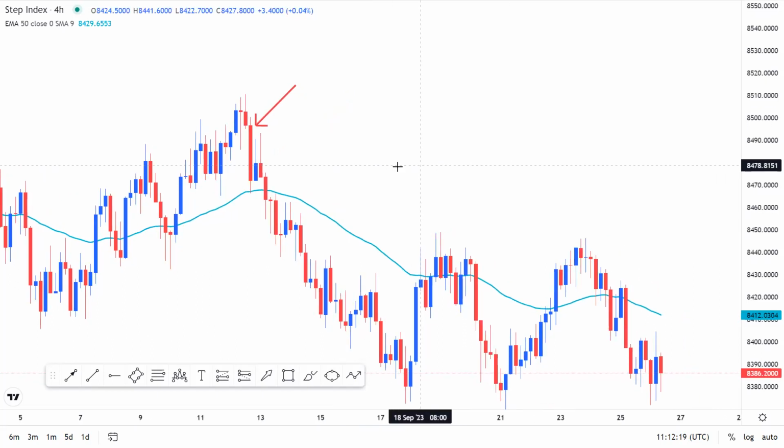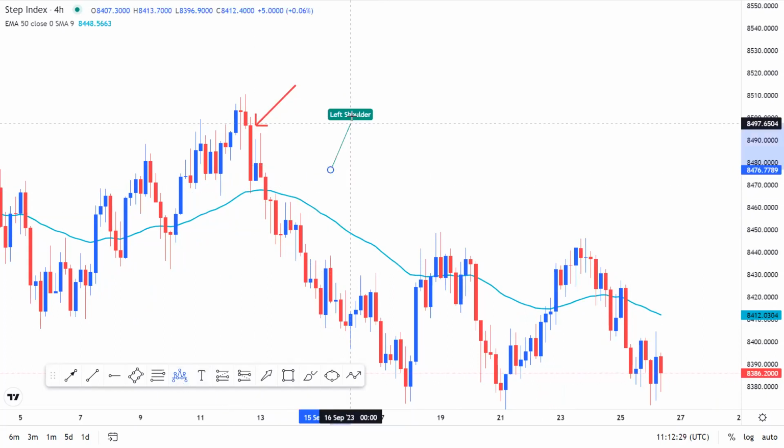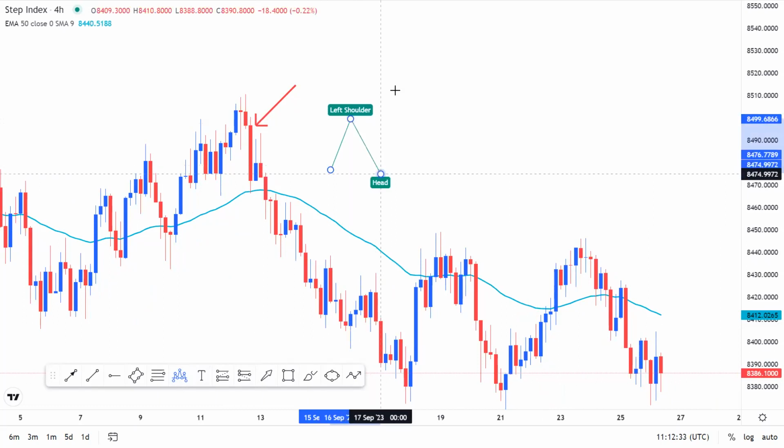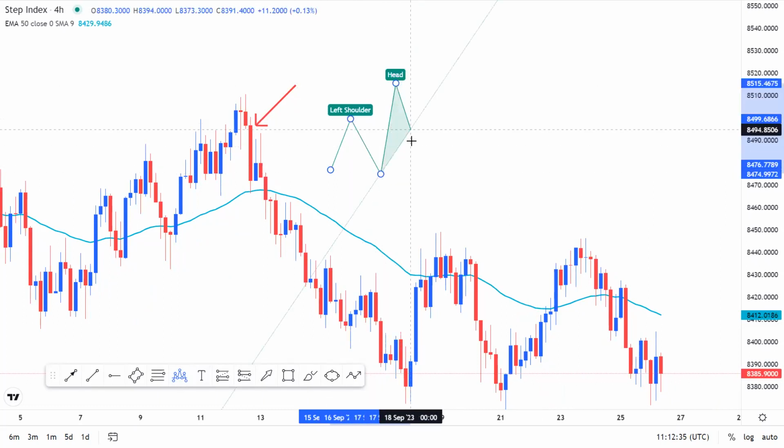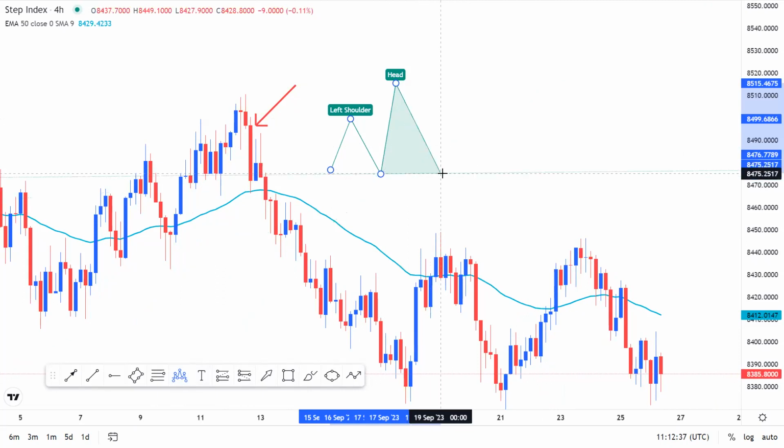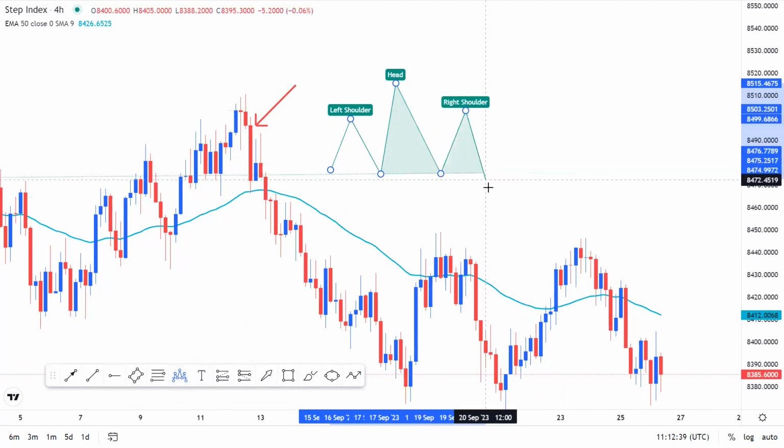So a head and shoulder is just a reversal pattern. Literally, it tends to be either at the top of a trend, and then it's going to reverse and head to the downside.